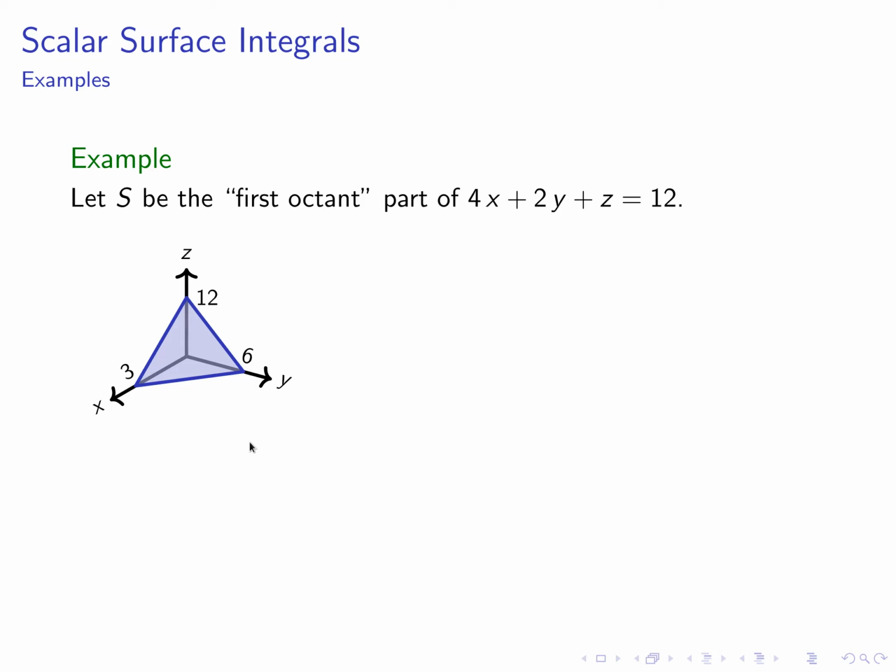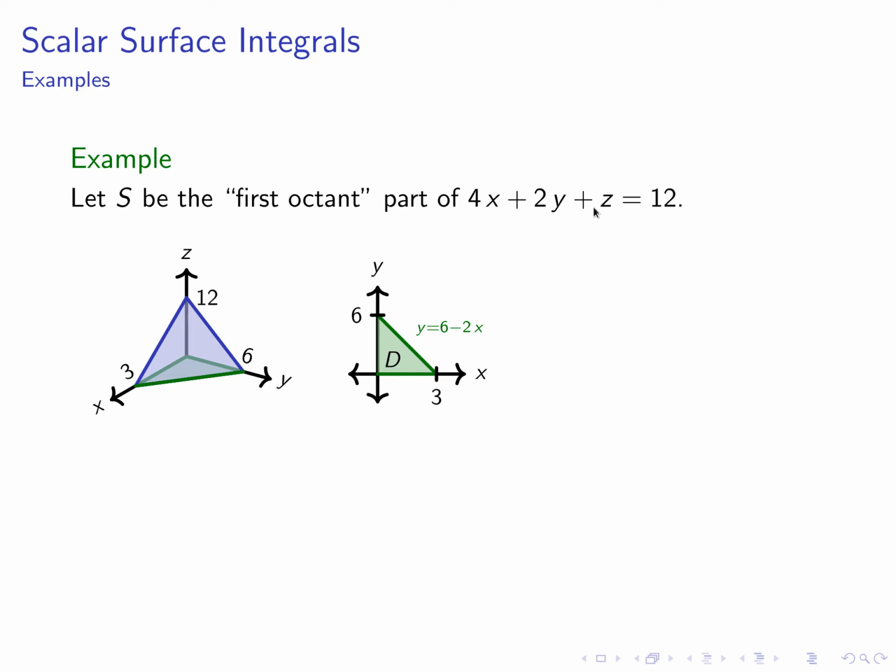So let's say that we wanted to do a scalar surface integral. An important ingredient here is a parametrization of the surface. So how might we parametrize this surface? Well, one way to do it is to note that this surface is living above a two-dimensional domain in the xy plane. This two-dimensional domain is another triangle where the vertices are the origin, and then x equals 3 and y equals 6.